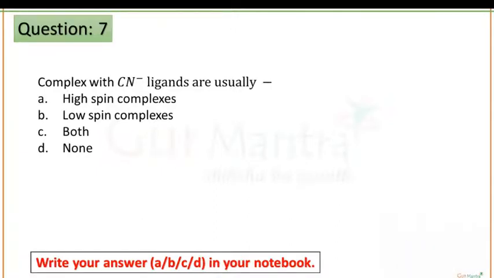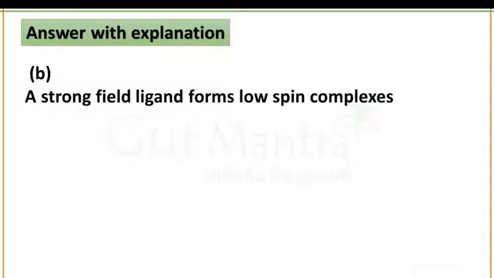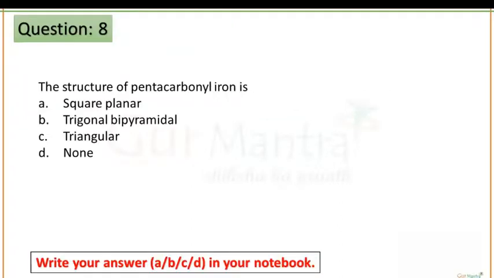The correct answer is option number B. As you know, CN- is a strong field ligand and strong field ligands always form low spin complexes. That's why the correct answer is option number B. Next question.